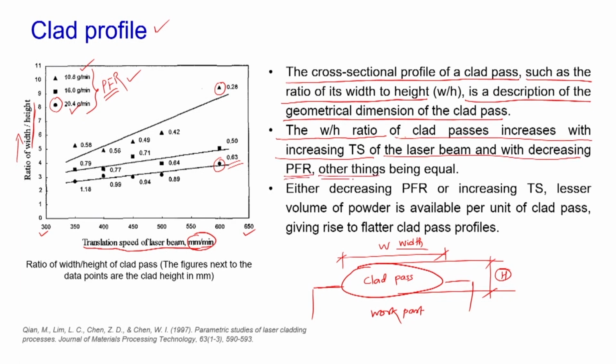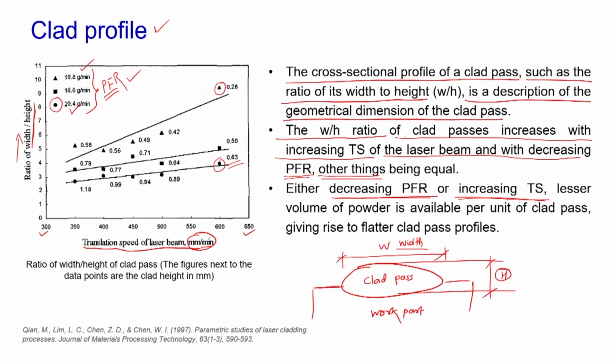The other process parameters are equal or constant. So, to have a higher width to height ratio, you can decrease the PFR value or you can increase the TS value. Why is this happening?